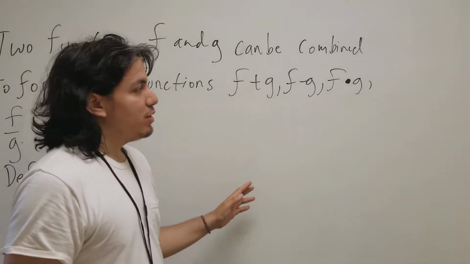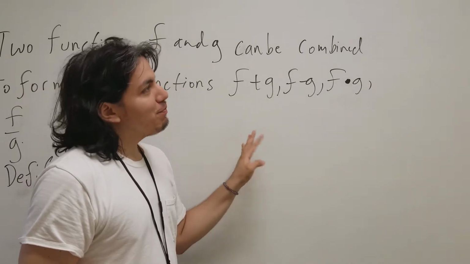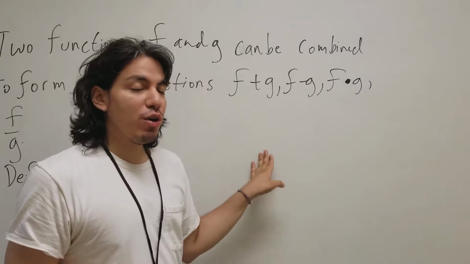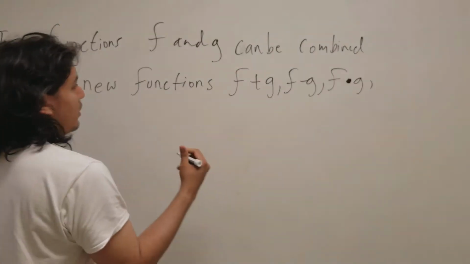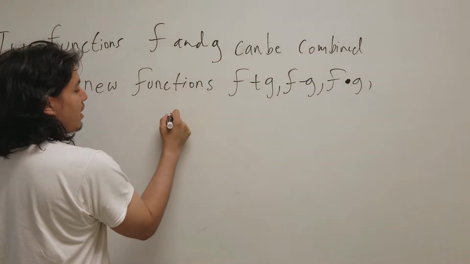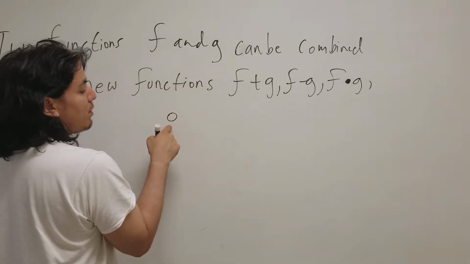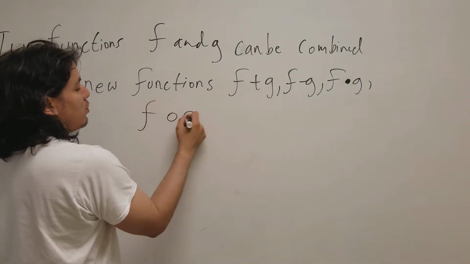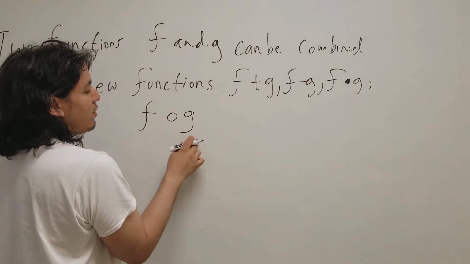And vice versa. I'll explain more when you actually see it. We call this new operation composition, where you keep the circle open. You don't fill it in like multiplication. So this would be called a composition of another function.